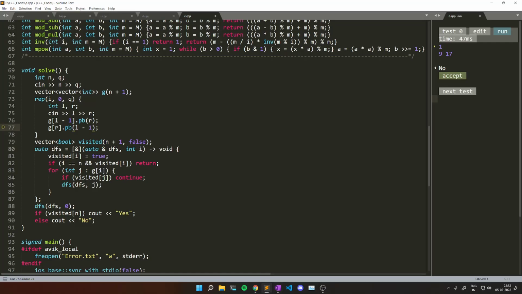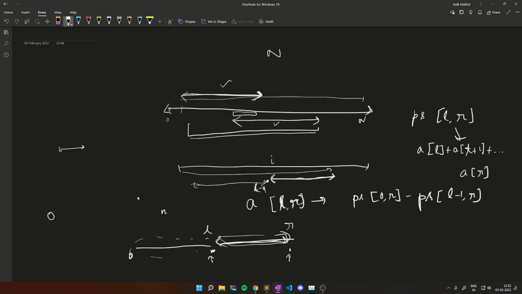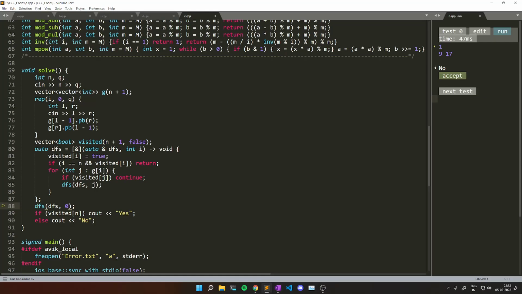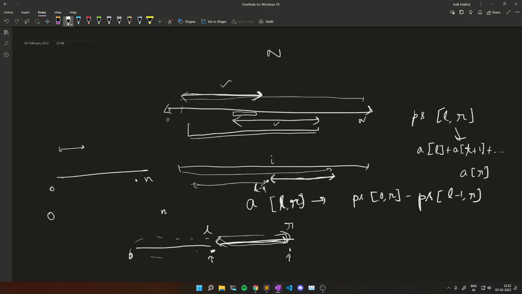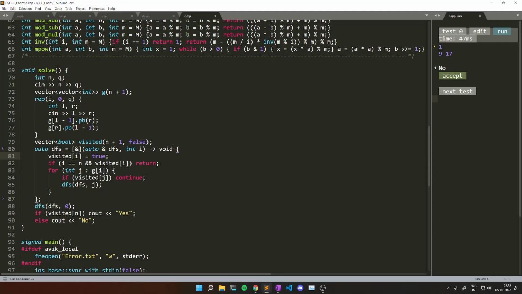In the DFS function, initially I have called DFS from 0, because we will start from 0 and we have to come to n. Now I mark my current index as visited. After that I check if my current index is n and if it is visited, that means we have reached n, then I just simply return.